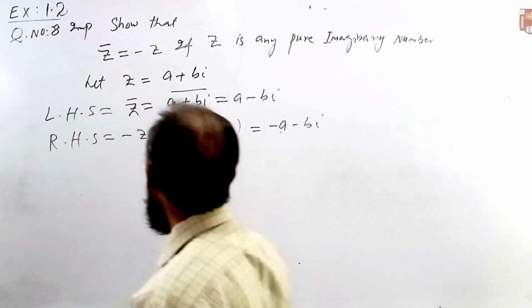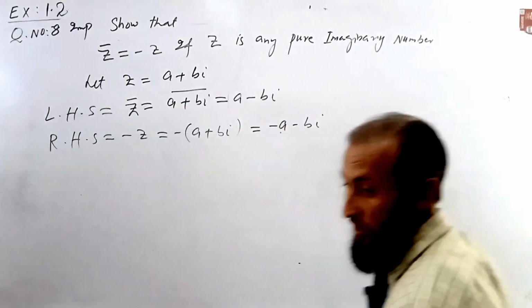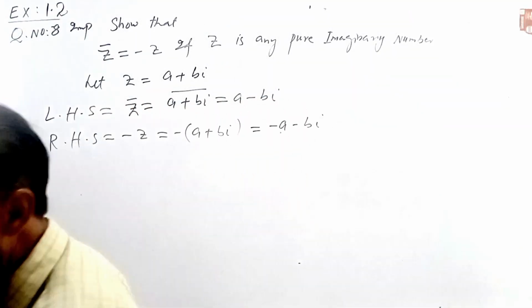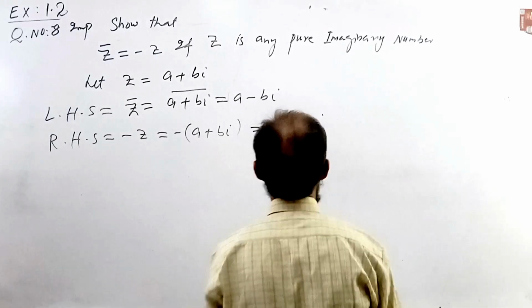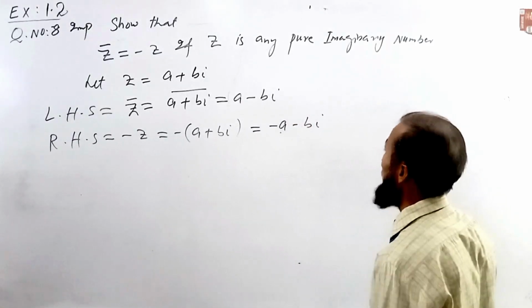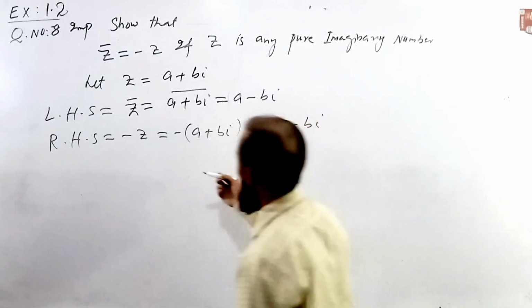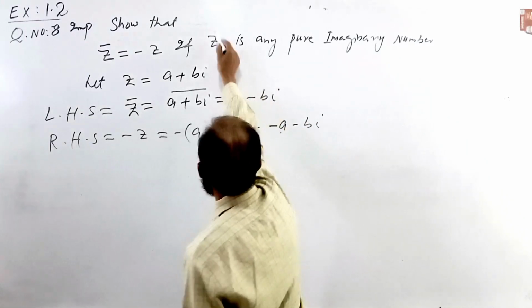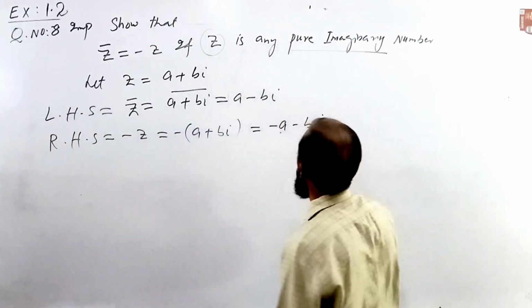Then what we will do here: the condition is that z is any pure imaginary number, which means we put a equal to 0, because we require z to be a pure imaginary number.